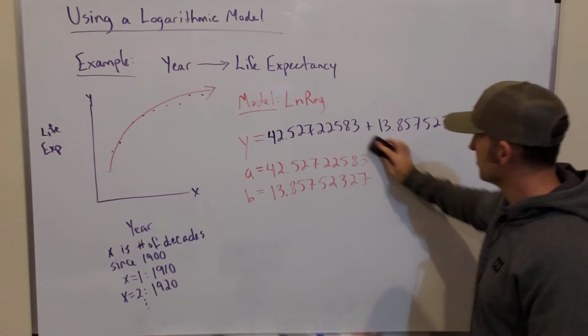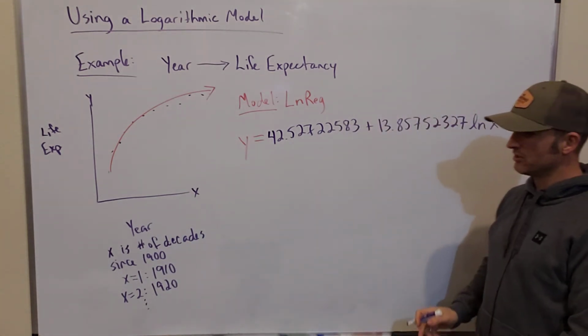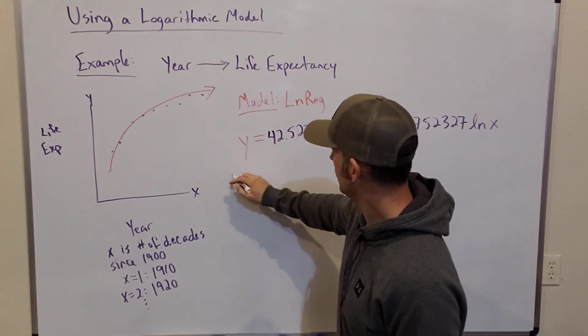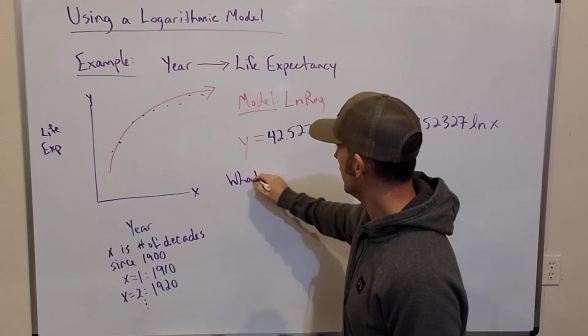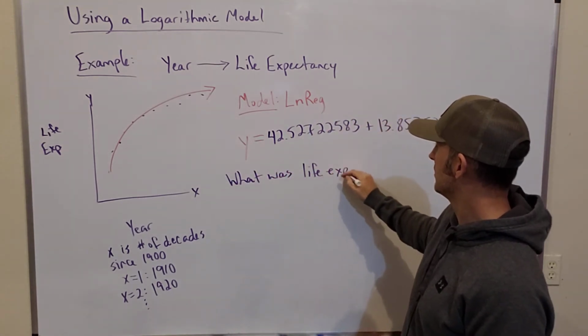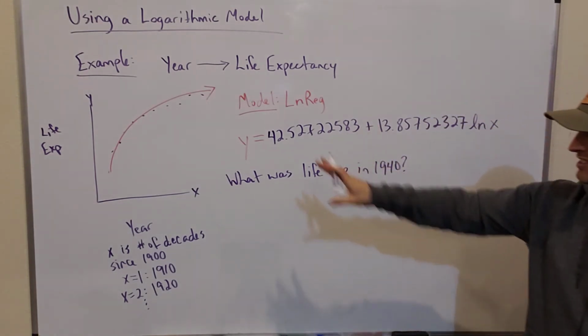Okay? So that's the model we will use to answer questions. So I could ask, for example, what was the life expectancy in 1940 according to this model?